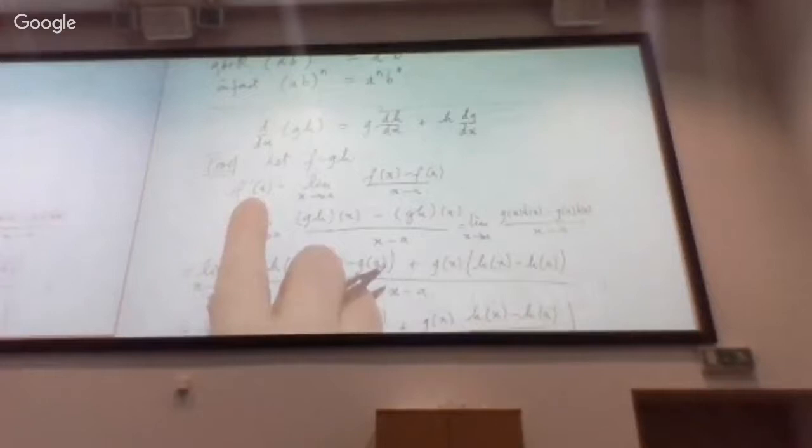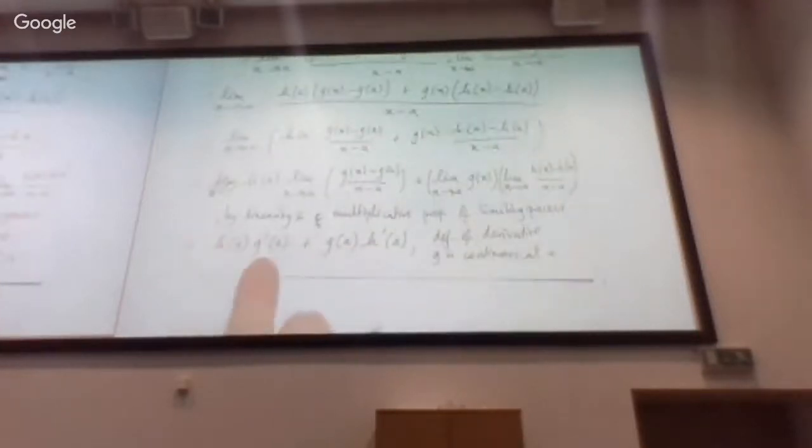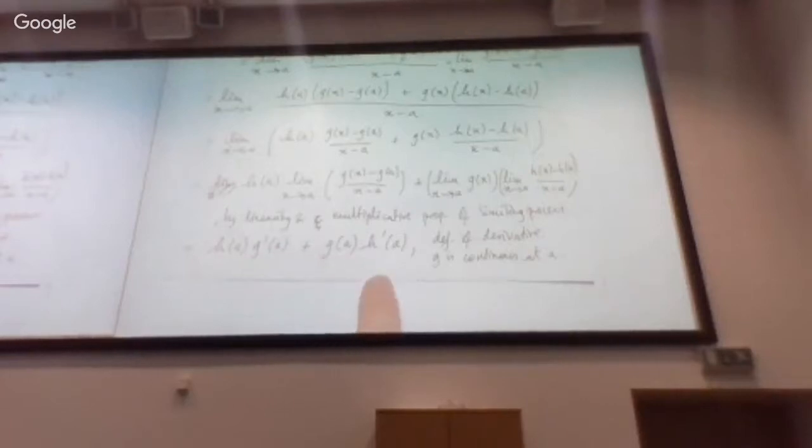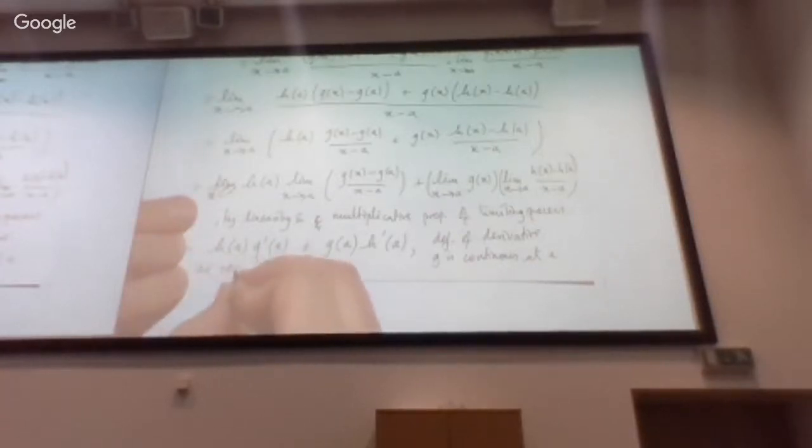The derivative of f, here f is g times h, is h times the derivative of g plus g times the derivative of h, as required. So that's a proof of the product rule.